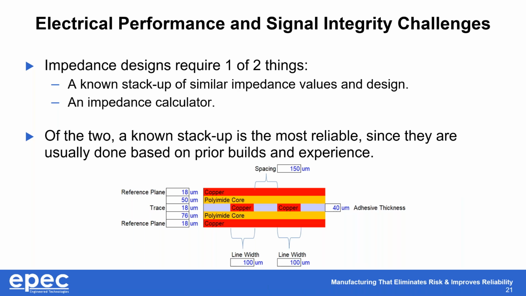So we end up falling back to known stack ups. First and foremost, it's just, like I said, many builds, a lot of experience, and it just ends up being the preferred way of approaching stack up creation for impedance. So as you can see here, for a differential impedance within.